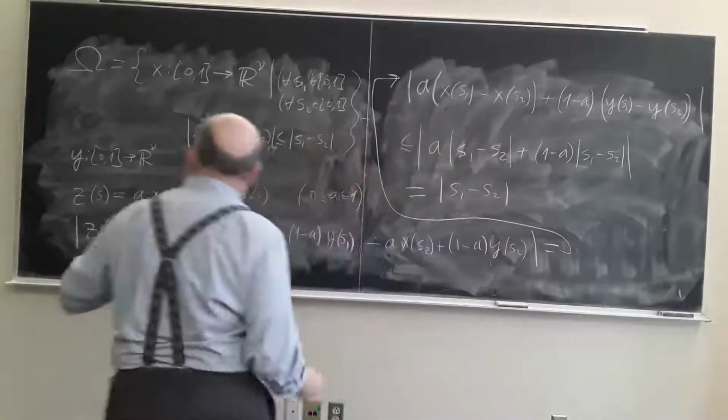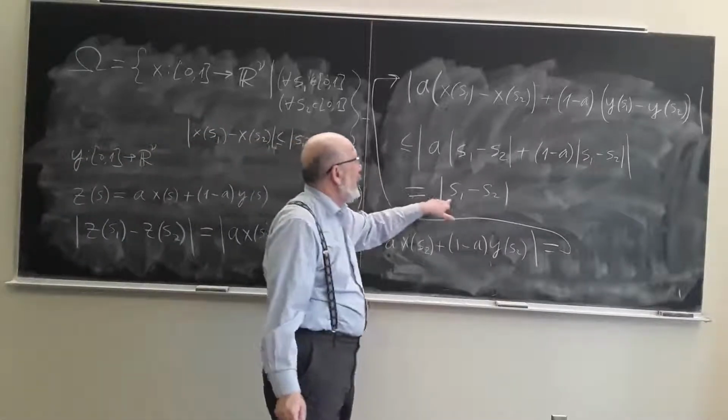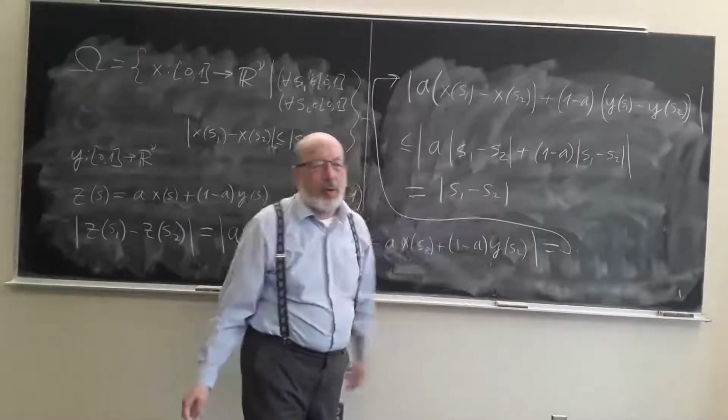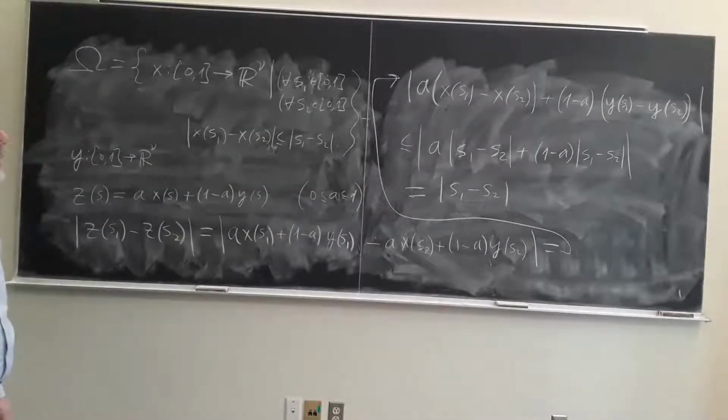So z of s1 minus z of s2 is less than or equal to s1 minus s2. So this is a convex set.